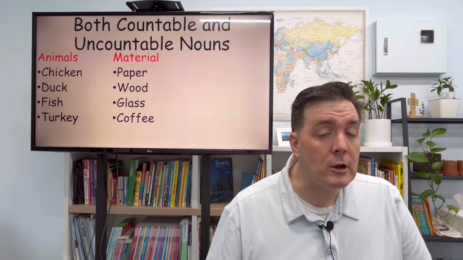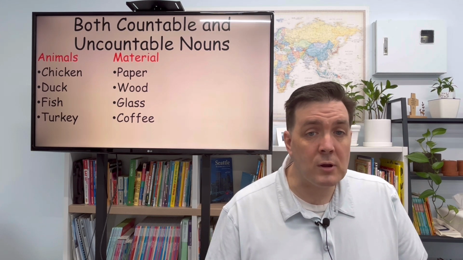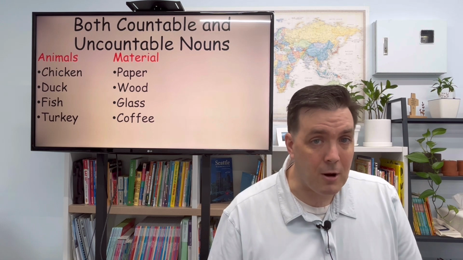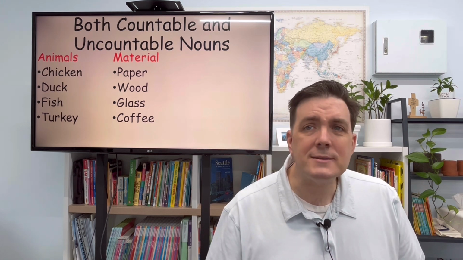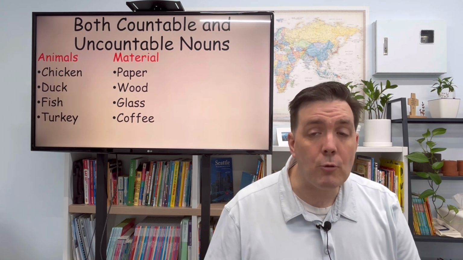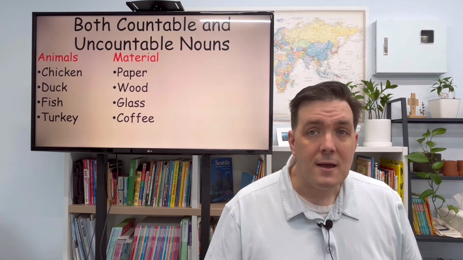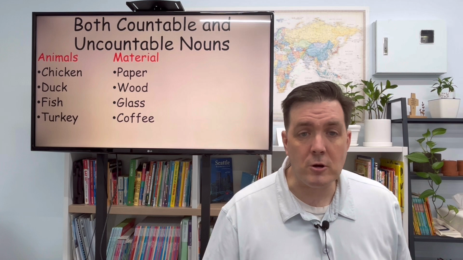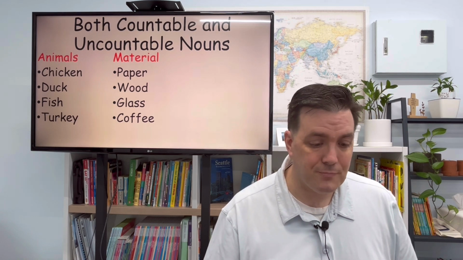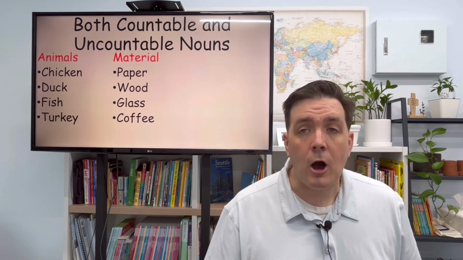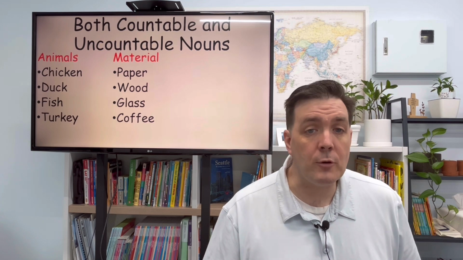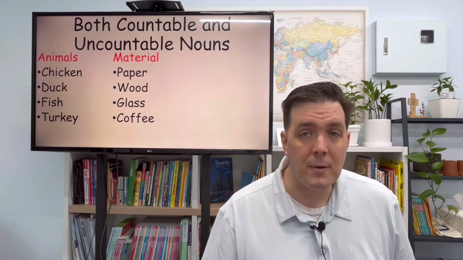Sometimes paper can also be used as an abbreviation for newspaper. And newspaper is actually kind of interesting because it can be both countable and uncountable by itself. But I sold newspapers when I was a high school student. Wood is an uncountable noun. It's material that we use to make furniture from.